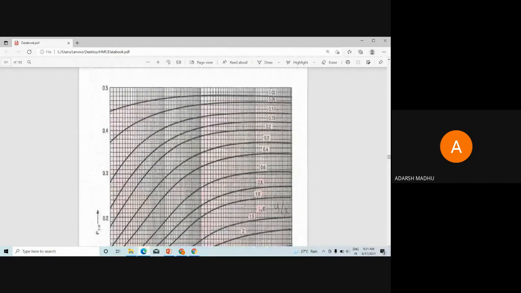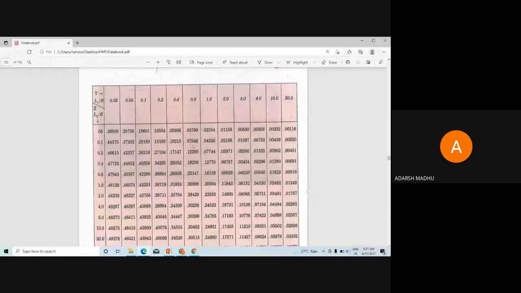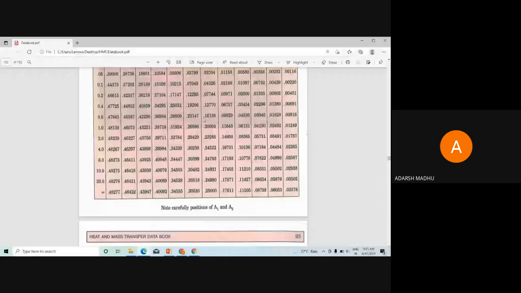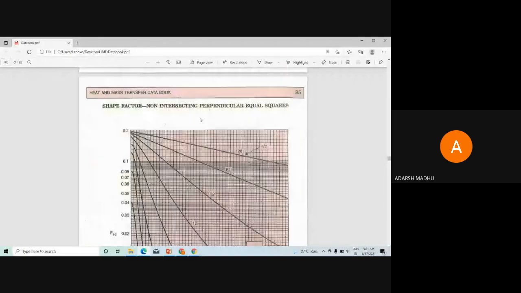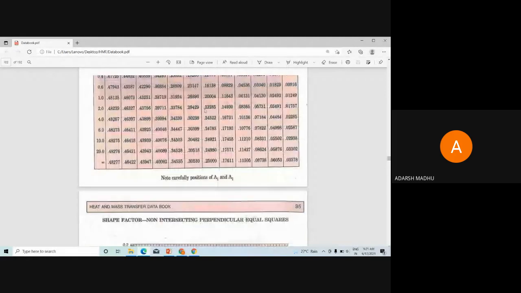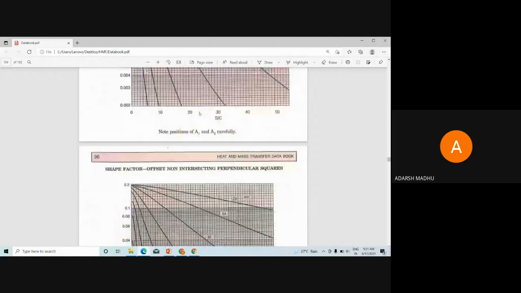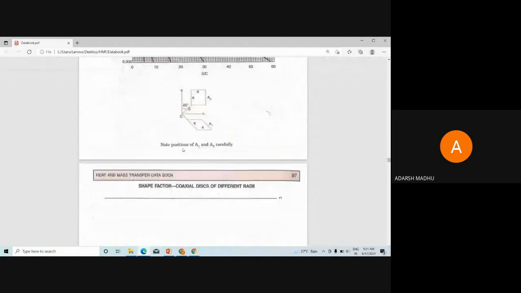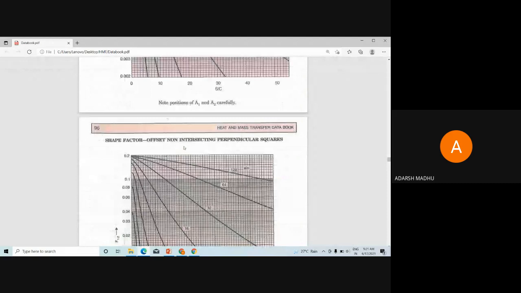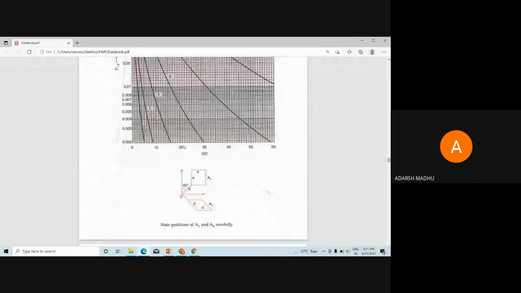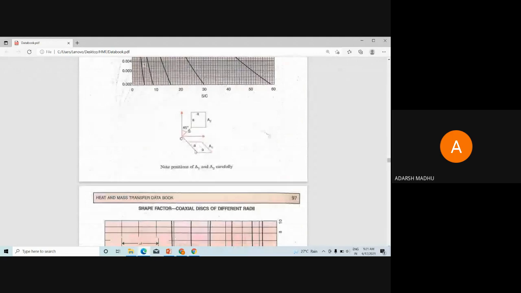The graph method you can find using this table. Next question is non-intersecting perpendicular equal squares. Non-intersecting squares means offsetting, which means one square is placed on a particular axis and another is placed at a particular angle.